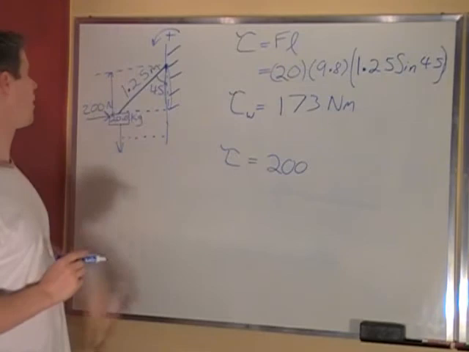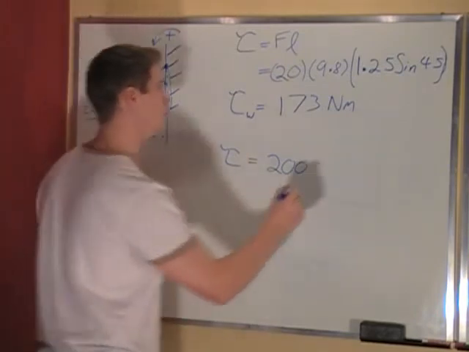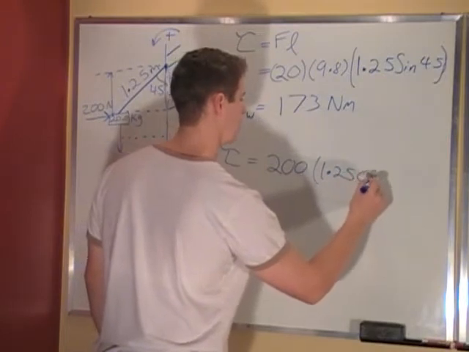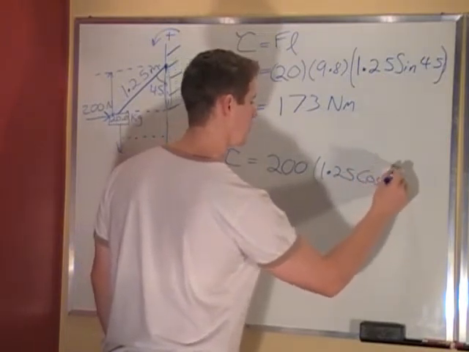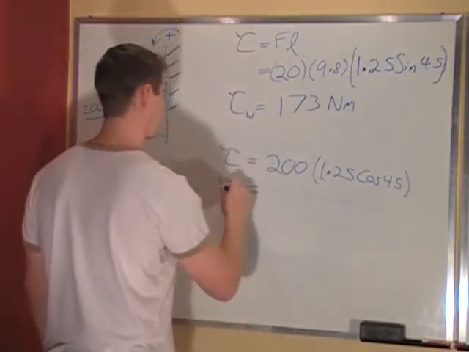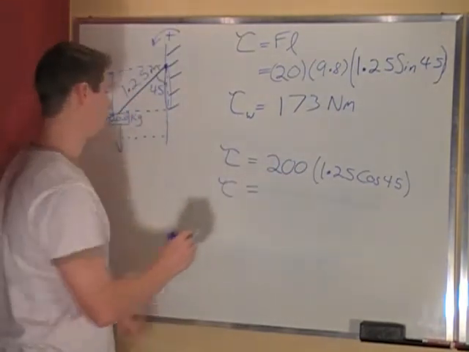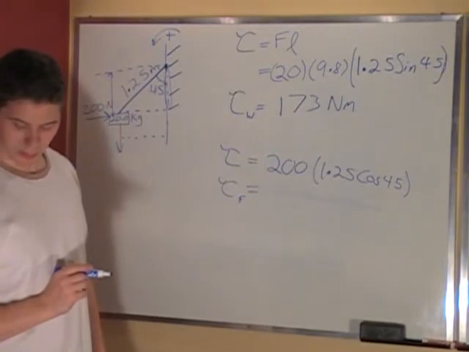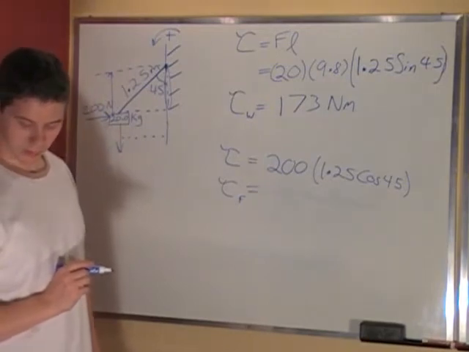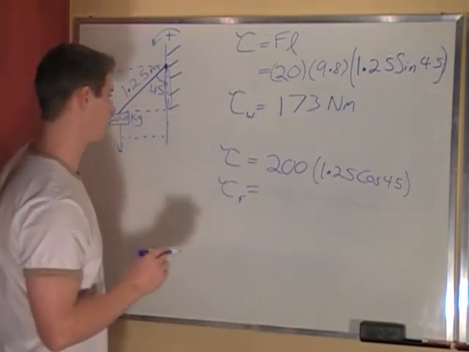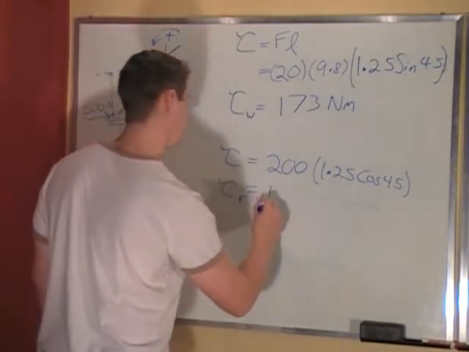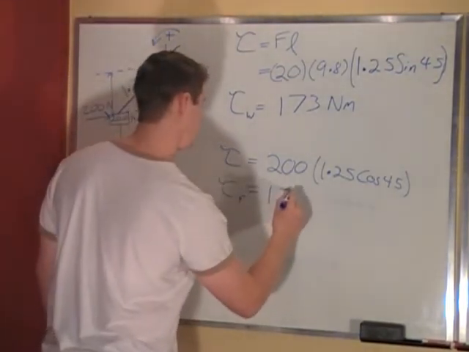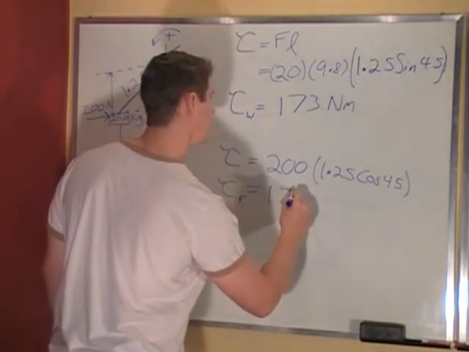So cos 45 times 1.25 will give us the torque for this force, which turns out to be 177.